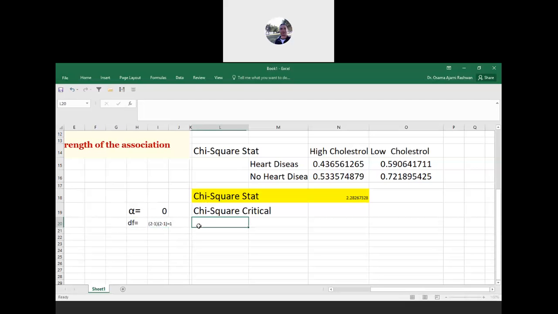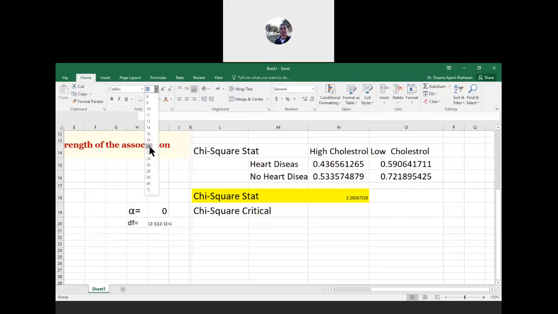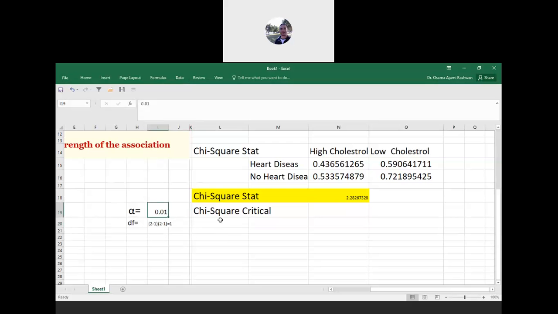So yes, I'll go for my table for the degree of freedom equal to 1 and alpha equal to 0.01, right? If you have the table, give me the critical value, please.